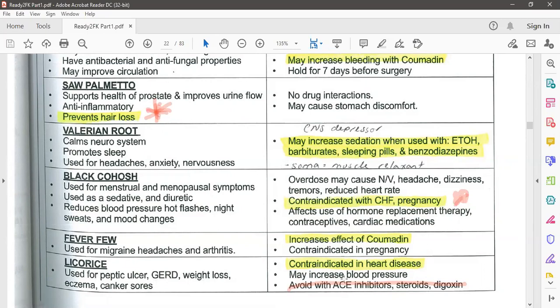So contraindication of heart disease, may increase the blood pressure. Also avoid with the antihypertensive medication, especially ACE inhibitor, angiotensin converting enzyme inhibitor, with steroid and digoxin, right? So it is very important to prepare during the exam time.